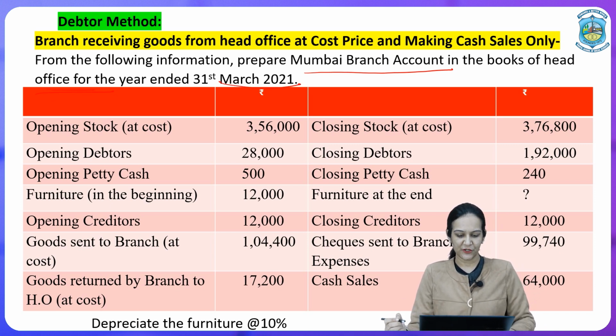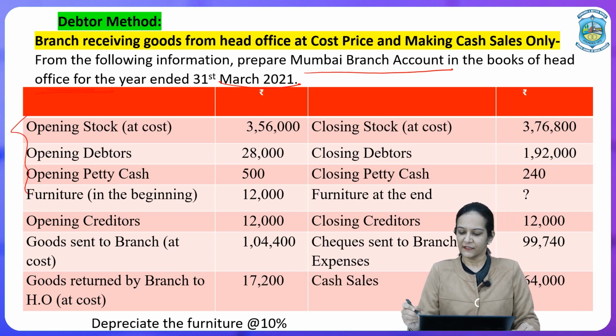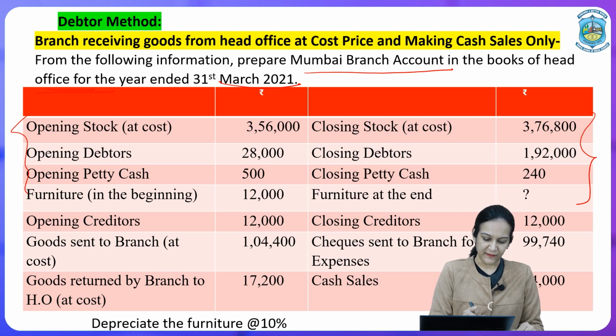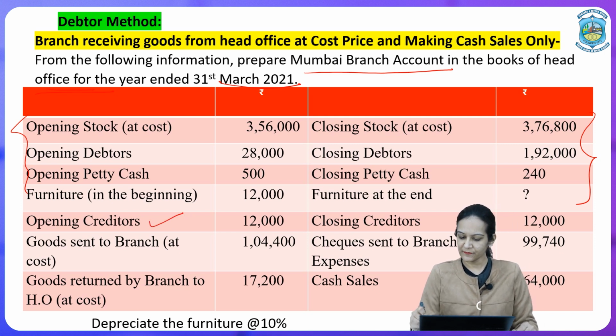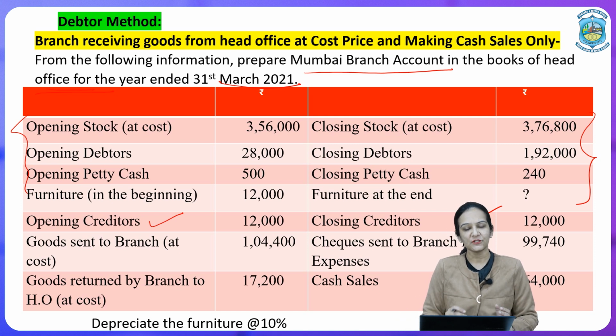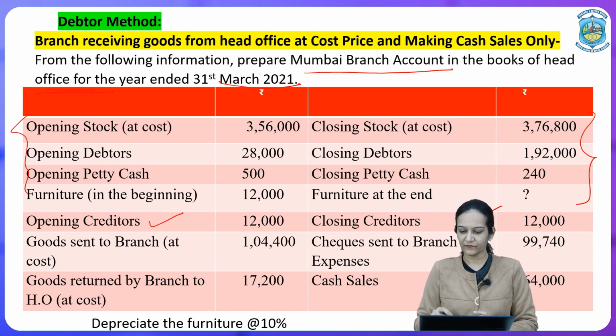The following information is given: opening balances of assets, closing balances of assets, opening balances of liabilities, closing balances of liabilities, and other information. Based upon this information, let us make the branch account.